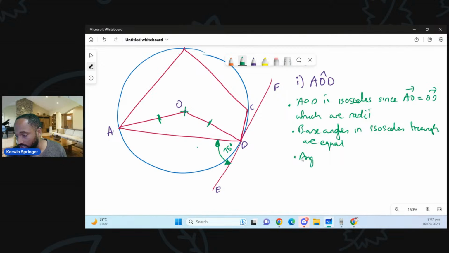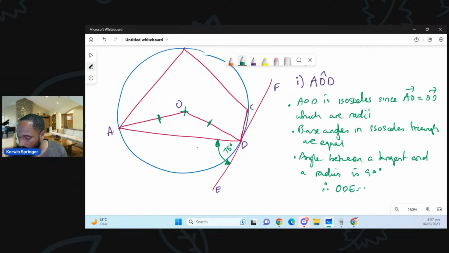So we're going to use that fact and one more. The angle between a tangent and a radius is what? 90 degrees. That means, therefore, ODE is 90 degrees. And we have all the reasons that we need there.